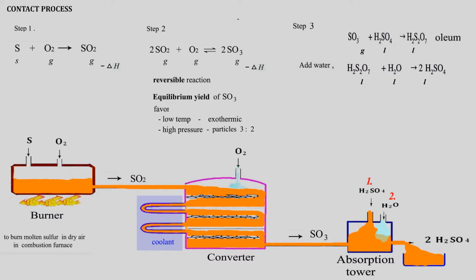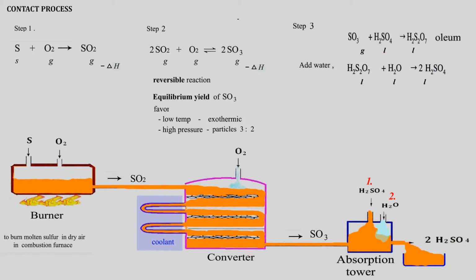If you put in concentrated sulfuric acid liquid, you change it into liquid-state oleum. Then you add water, and it forms liquid sulfuric acid. Remember, this gas takes a lot of space, but once you put it onto sulfuric acid, it becomes liquid.